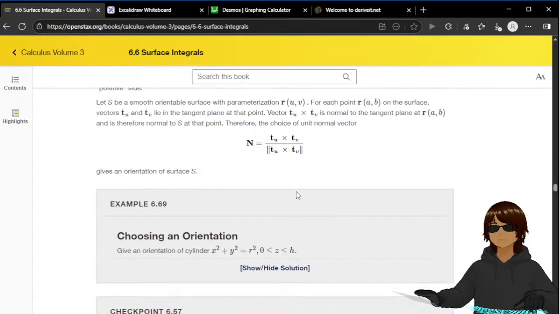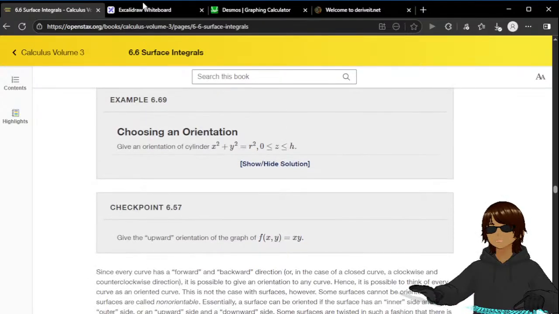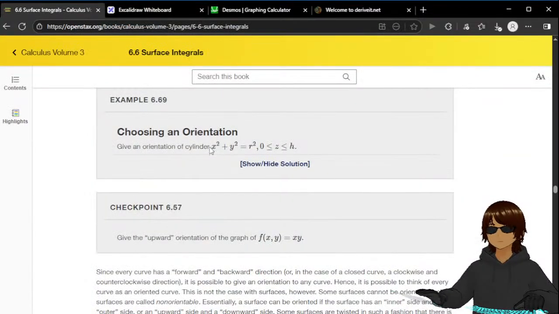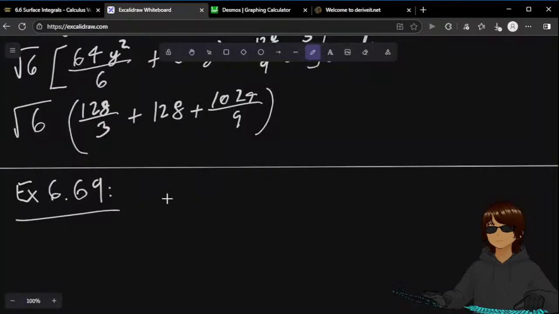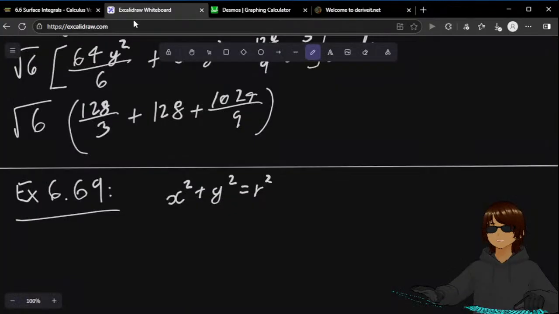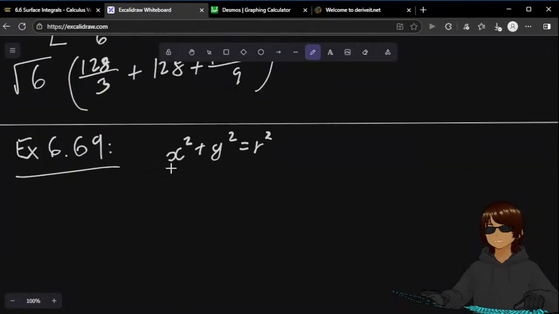Now consider the given orientation of the cylinder. x squared plus y squared equals r squared, with z from 0 to h.